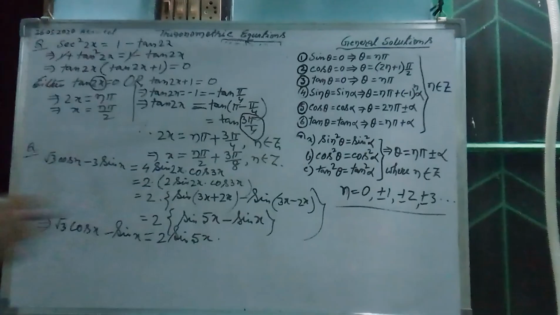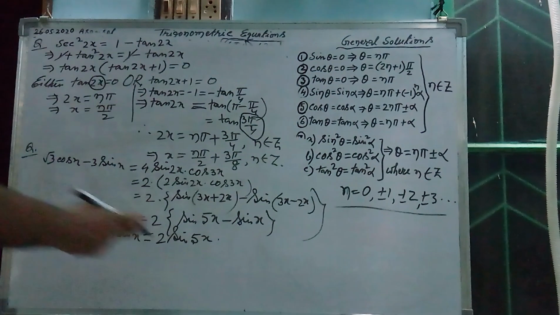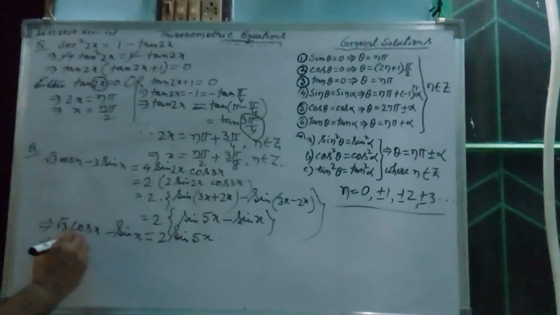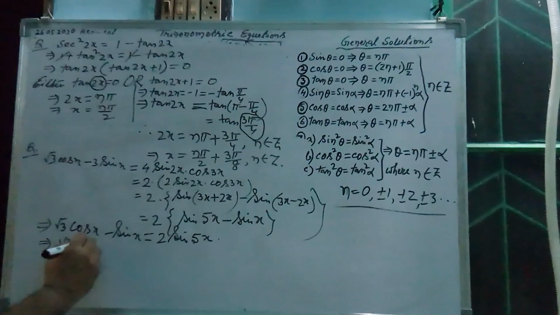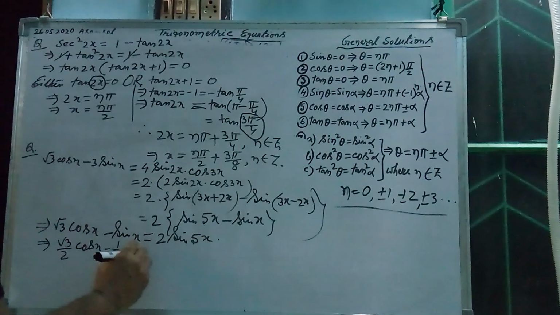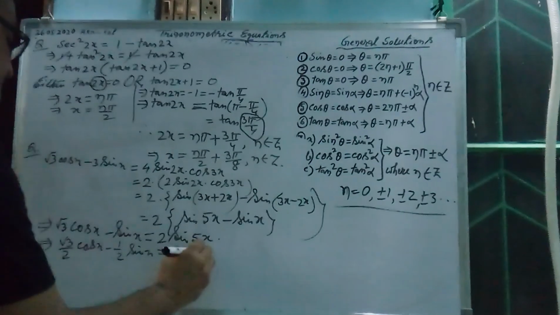Now next step, what to do? If we divide both sides by 2, we will get root 3 over 2 cos x minus 1 over 2 sin x is equal to sin 5x.